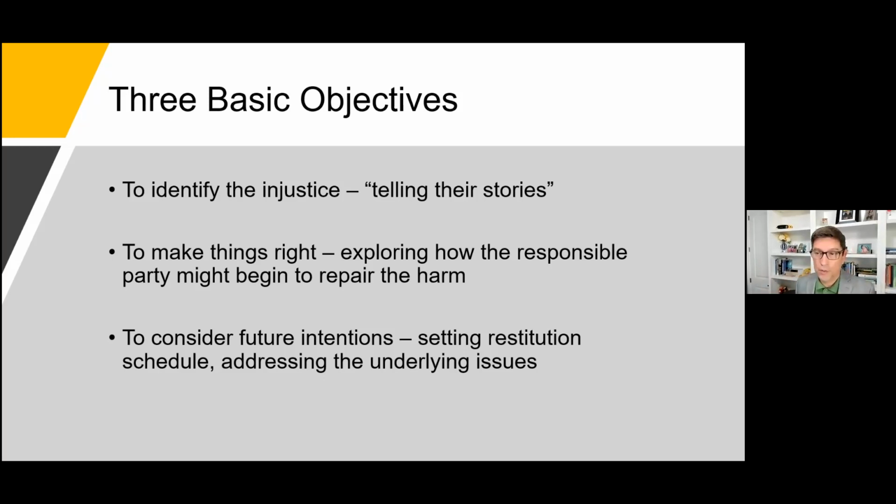And they tell that story. It's a lot different than just reading a police report or reading the narrative of an incident. They get to hear it from the individuals that they harmed.